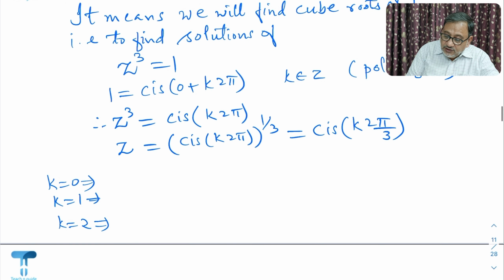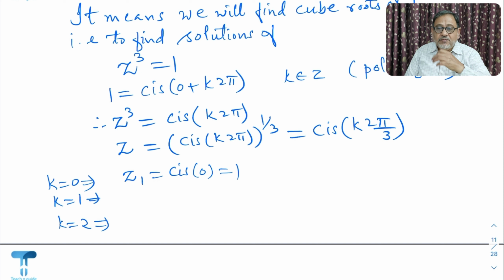So when k is 0, z1 will become cis 0, right? Because this k will be replaced by 0. So cis 0 will be 1 only, because there will be no imaginary part.